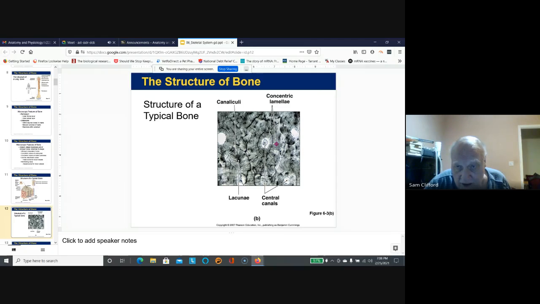So the osteocytes are living tissue, and they get their nutrients from the blood vessels and get rid of waste.